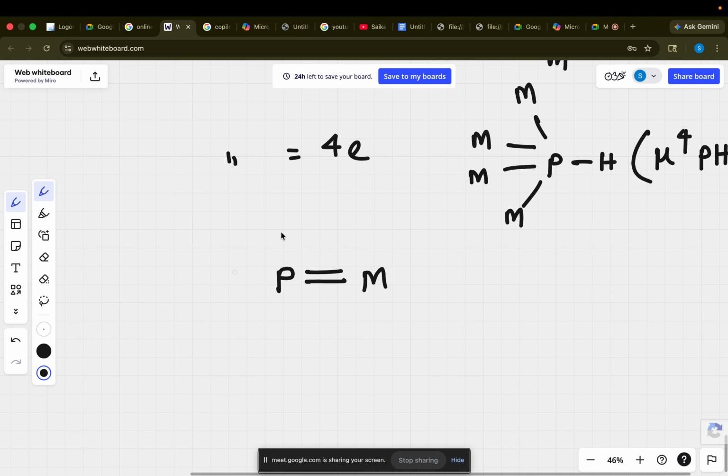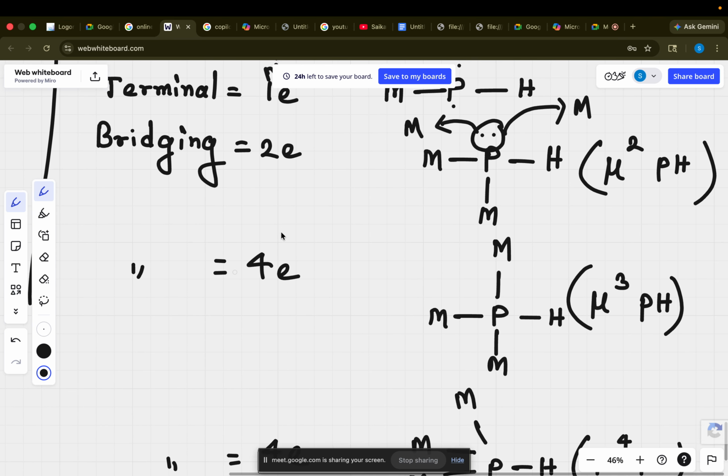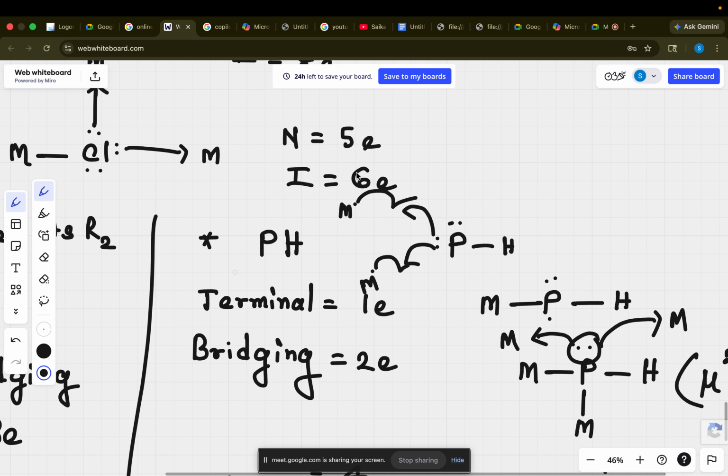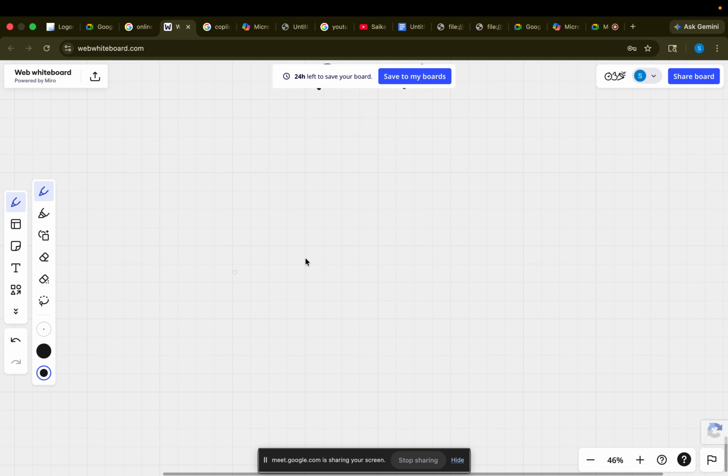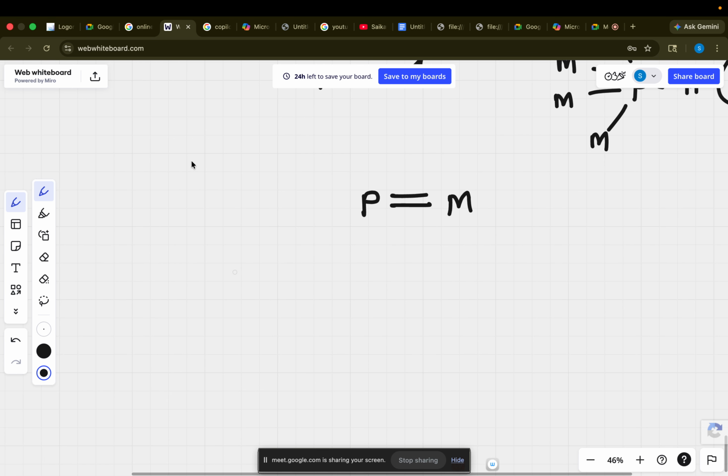First of all you have to check what unit they are giving. Suppose the unit I am giving here is a pH unit. So first of all you have to write down what unit they are giving. If they are giving a pH unit, write it down like this. Now how many electrons are left? 2 electrons, 2 electrons. Then you have to check. Now you are saying double bond.